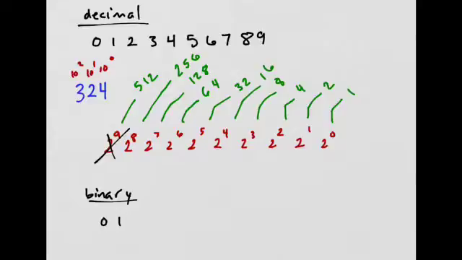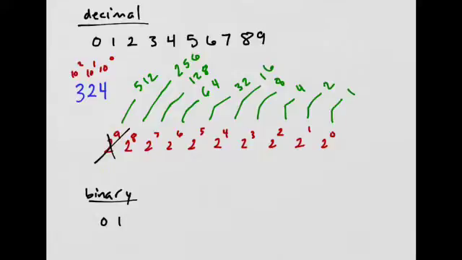My 2 to the 8th place, which is my 256, is smaller than this, so that works out. So I'm going to use one of those. If I have 2 of those, well, actually, I can't. I can either use 0 or I can use one of these places. Hopefully that makes sense. I'm just going through, and so this would be 0, or you don't have to write anything out in front.